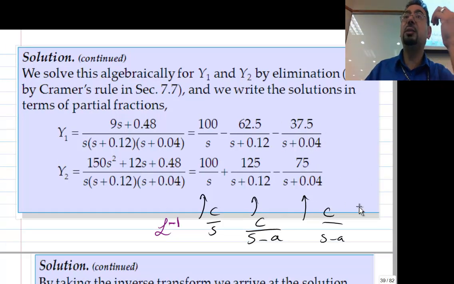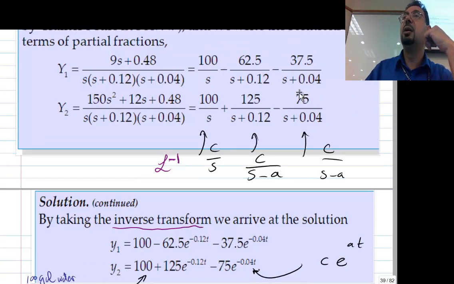And the final step is, you look at this, here's y1 of s, let's take the inverse. So obviously 100 over s, when you take the inverse, it's 100. Something over s plus a constant, that's e to minus at. So s plus 0.12, that's e to minus 0.12t.